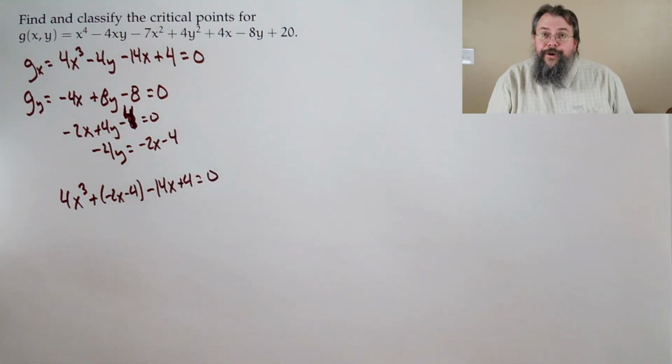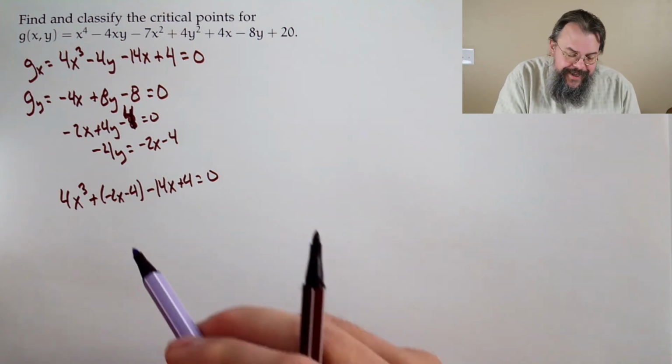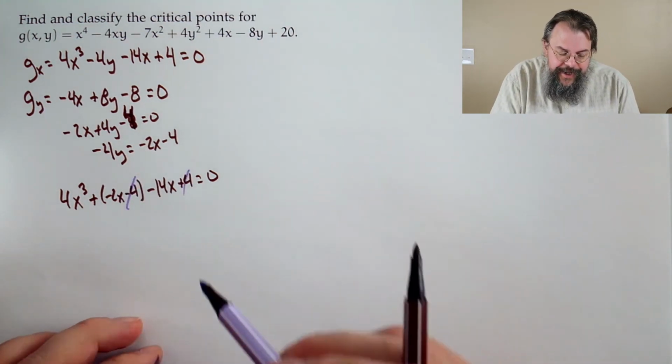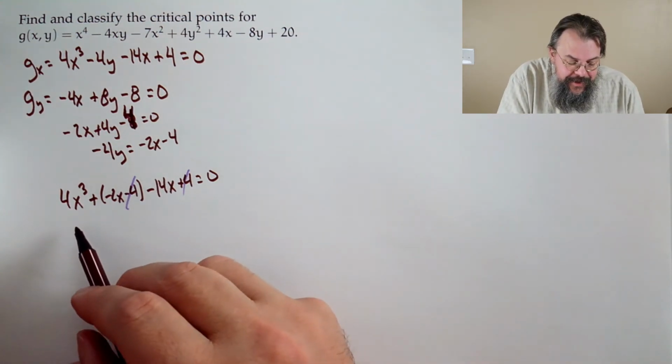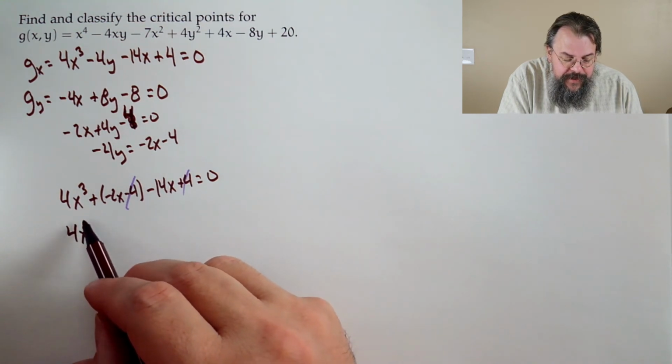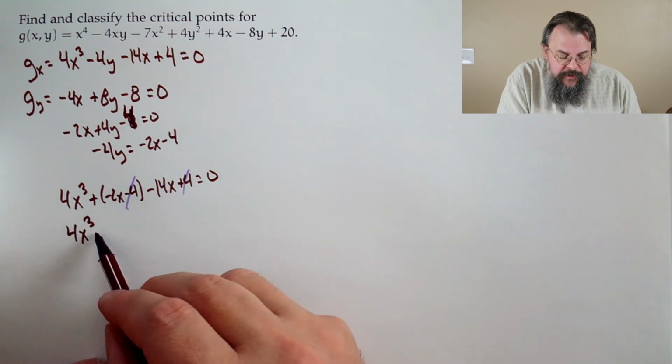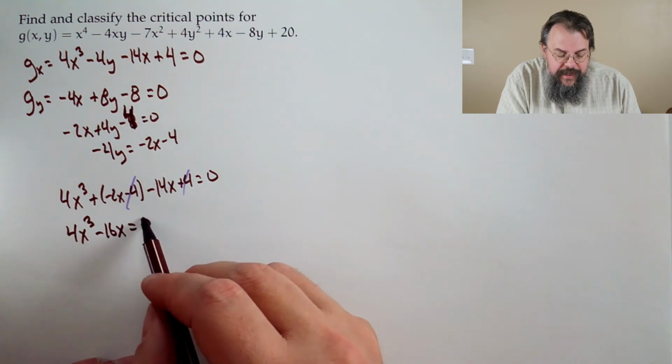Now this is a cubic. But look at the minus 4 and the plus 4, almost as if somebody had planned for it to be nice, because somebody did. So we have 4x cubed minus 2x minus 14x makes minus 16x equals 0.